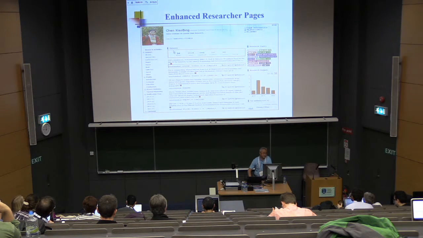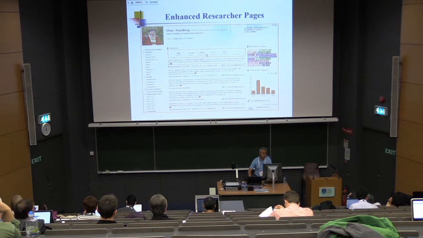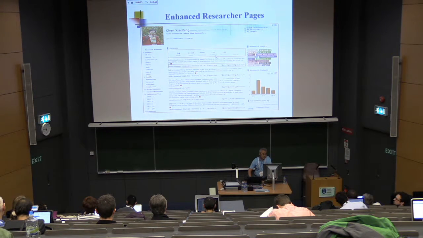Here is the general information about the researcher's outputs, the number of publications, the total views of the research outputs, and the total downloads. This is the citation count from SCI, and this is the citation count from CSCD.